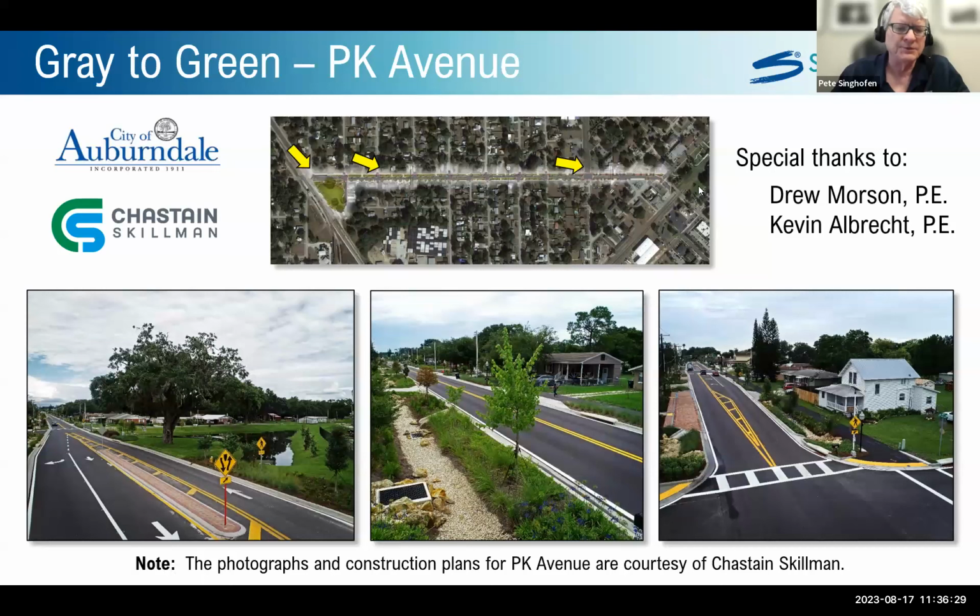So I want to thank the city of Auburndale, and especially thank Chastain Skillman. This was their project. They provided me with these beautiful photographs, but also the construction plans and a lot of other data so that I could use this as a demonstration.